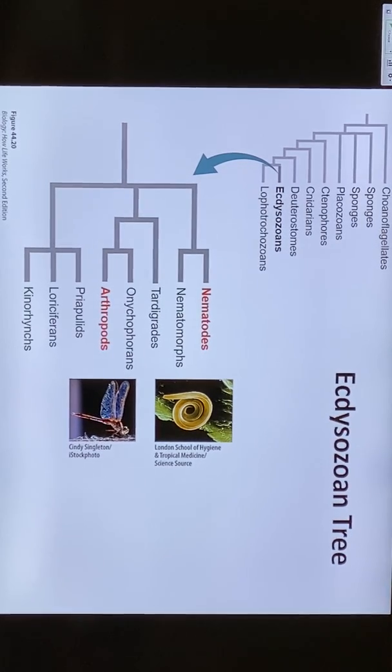Now that outer coating could be something very simple, like nematodes. Nematodes are roundworms. So these are worms. We don't typically think of worms as having a shell. So these nematodes, their outer coating is really just a thin layer of protein, but it is something that has to be molted in order for them to continue to grow.